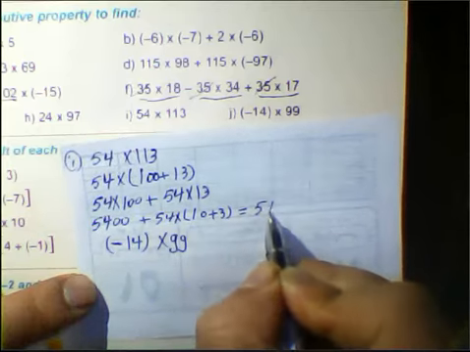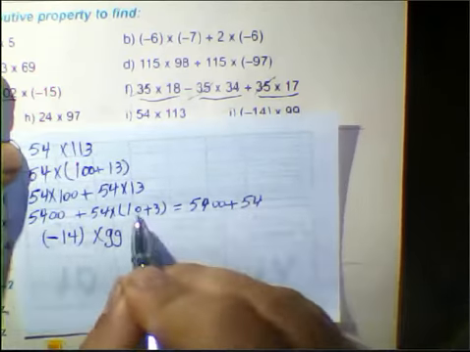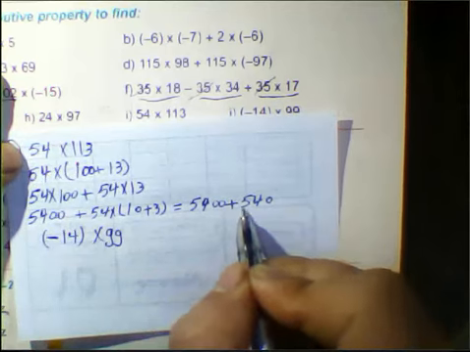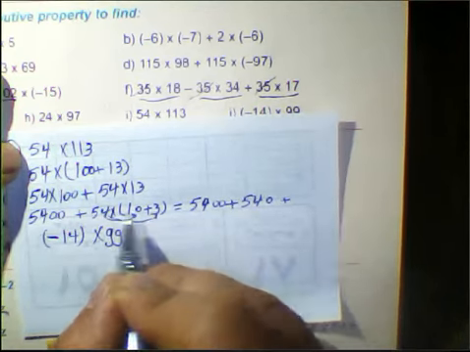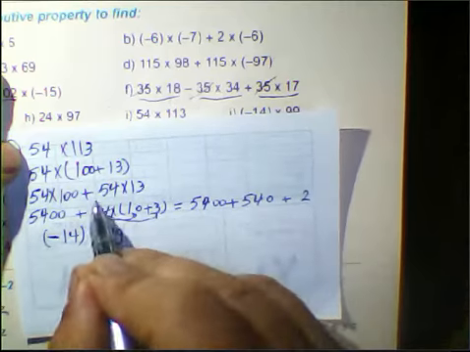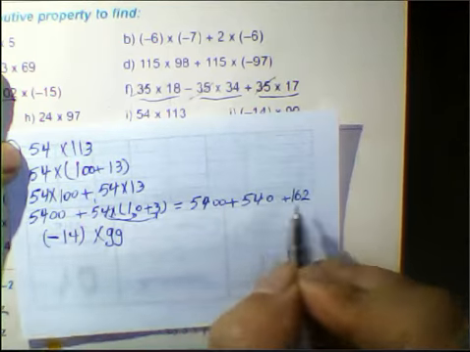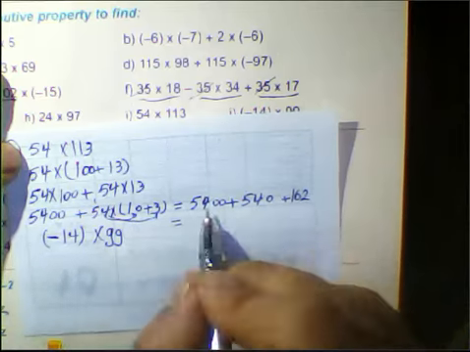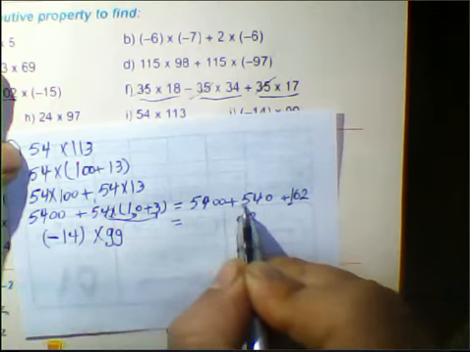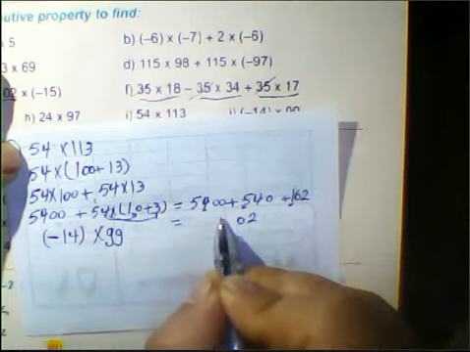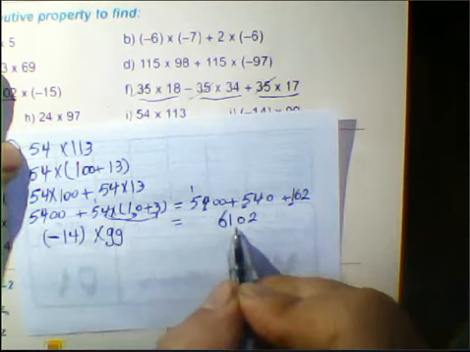So the result will be 5400 plus 54 times 10 equals 540, and 54 multiplied by 3. 3 times 4 equals 12, write 2 and carry 1. 3 times 5 is 15 plus 1 equals 16. So the result will be 162 plus 540 plus 5400, which equals 6102.